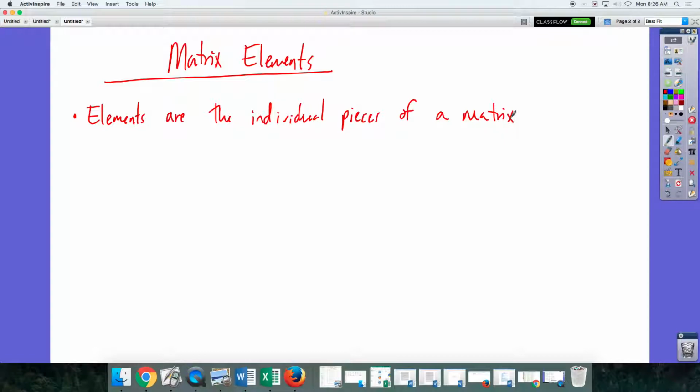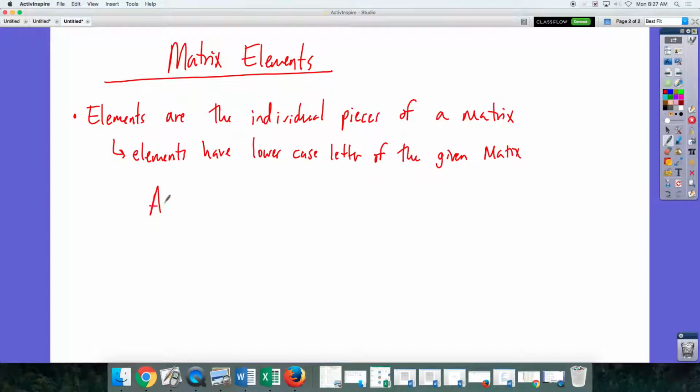Elements are given the lowercase letter of whatever your matrix is. We said we're going to name matrices by uppercase letters, like capital A, capital B, capital C. Well, the individual elements are named for the lowercase letter of that. So if you had an uppercase matrix A, the elements would all be lowercase a's.